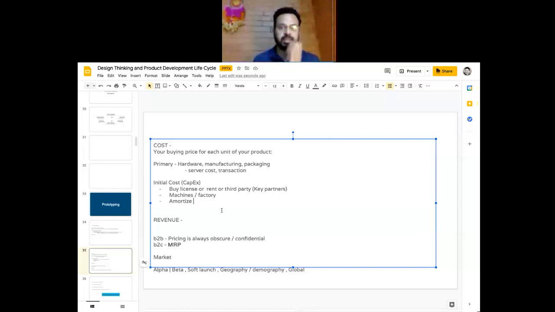For instance, if you buy a license for 100 rupees and your product cost is 10 rupees, and you put 1 rupee of the license cost on every product, if you sell 100 products, then at 1 rupee each, you will recover your initial capex on the license. Do you understand? That's called amortization.